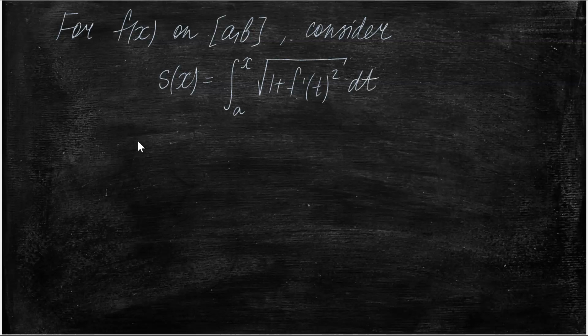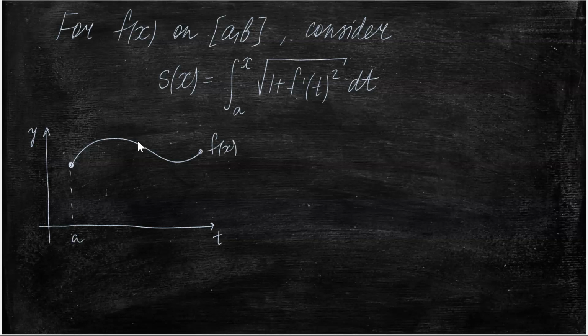So what this function does is, this is f of x, this is a, this is b, sorry, this is not f of x, this is f of t, and x is just some number between a and b.